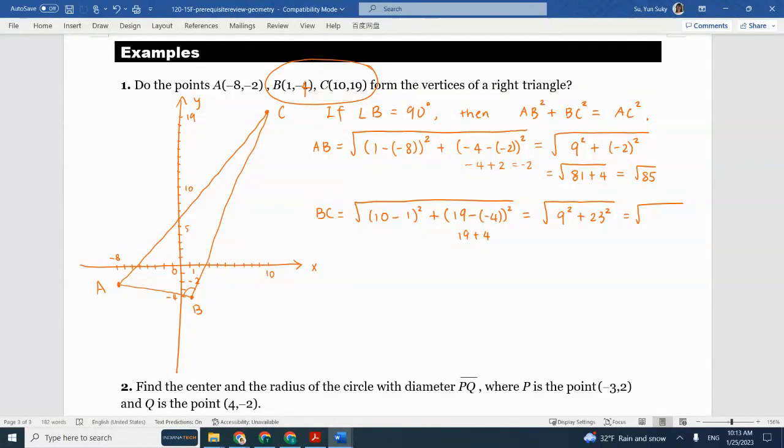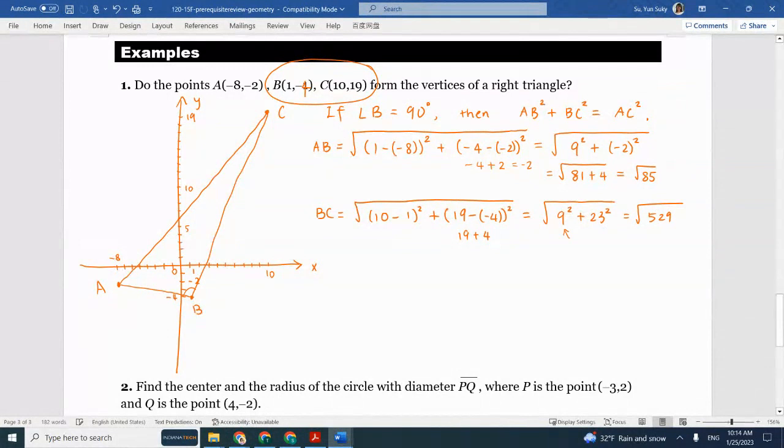What is 9 squared plus 23 squared? Take out your calculator. 529.